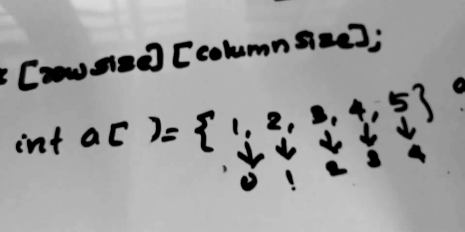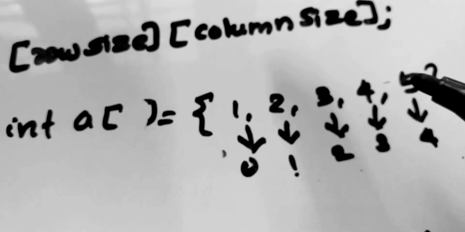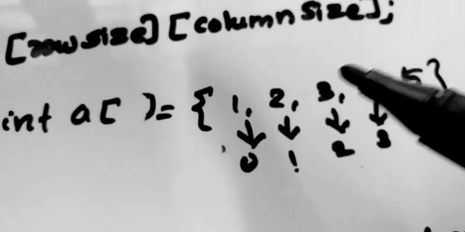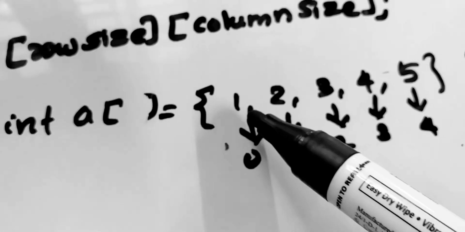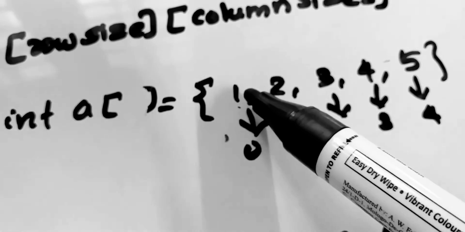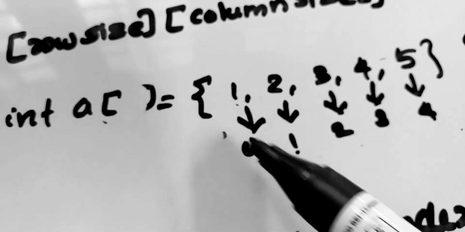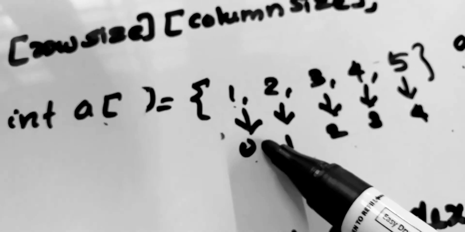And also the most important thing is that when we are declaring an array, each element in the array has an address. Every member of the array has an address. So what is the address of the element 1? How can we store it in memory? Since the first element has the index position 0, its address is a of 0.